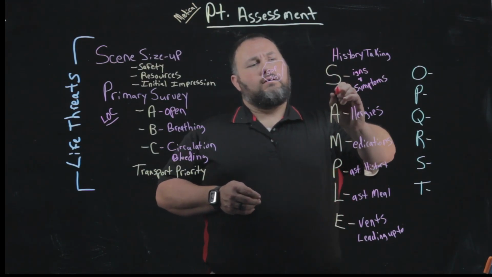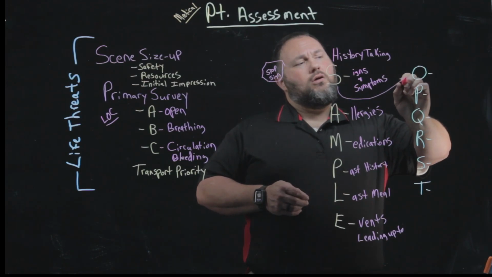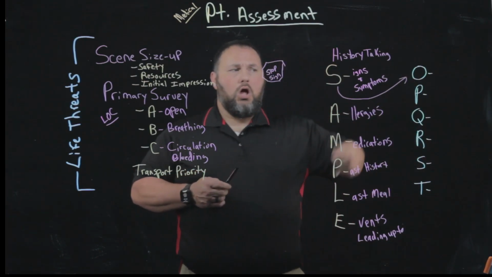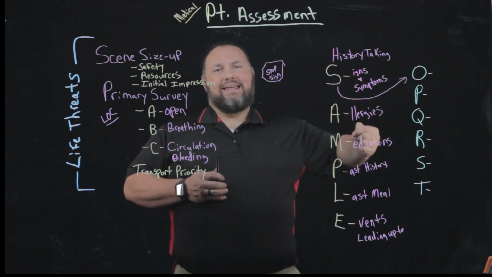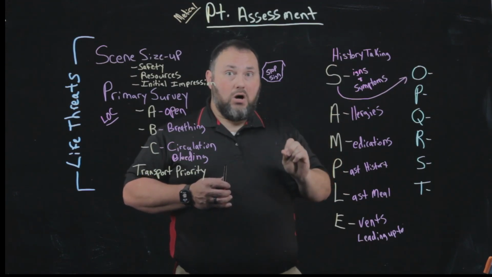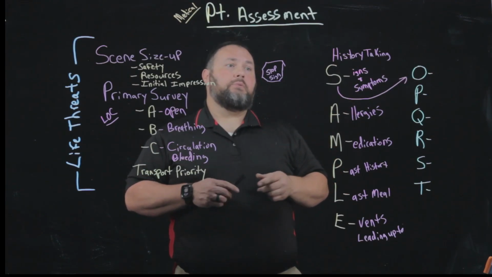Up here in the S, we branch over a little bit into O, P, Q, R, S, and T. These are the two acronyms that you will use the most because they're part of your patient assessment.